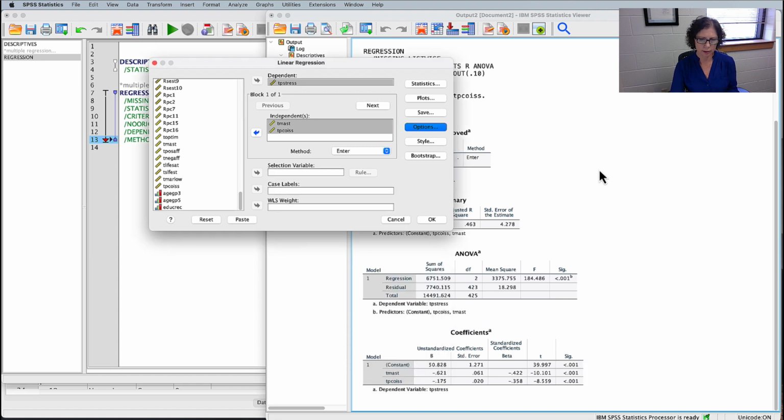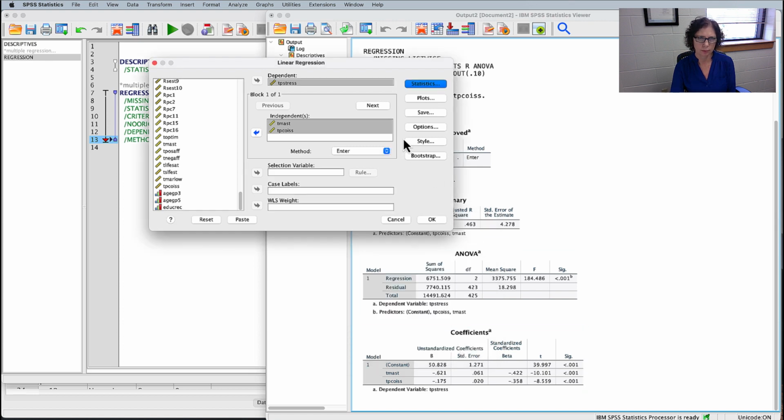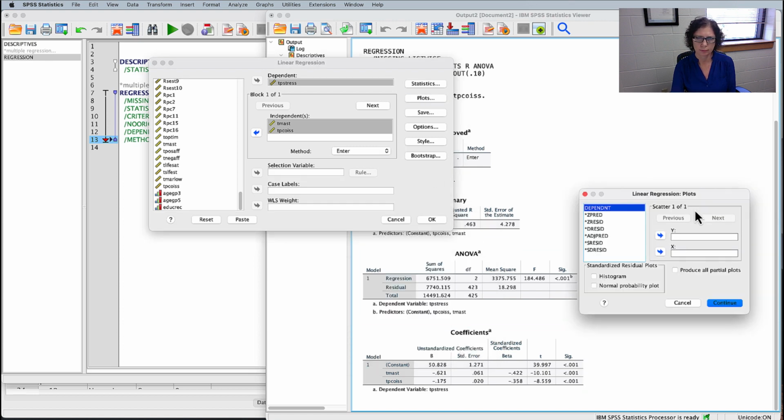Okay, we're going to add some more things in here. In the statistics tab, make sure model fit is selected. And here down in the residuals area, you want case-wise diagnostics. And it should already want outliers outside of 3 standard deviations. That's cool. And then we're going to go to the plots section.